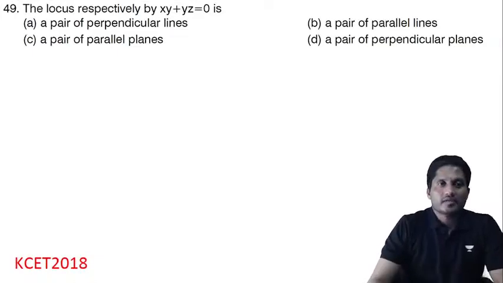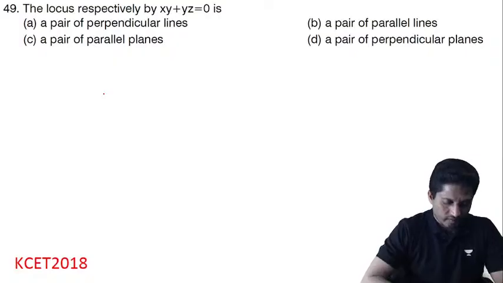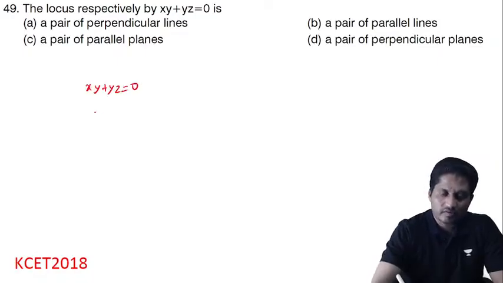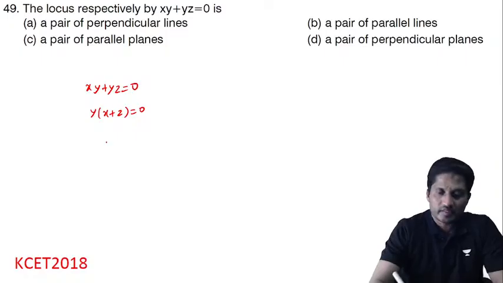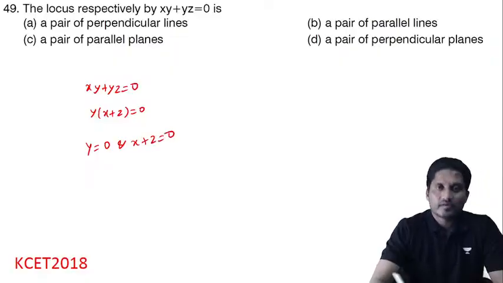Locus represented by the line: xy plus yz is equal to 0. If I take y common, you get y times x plus z is equal to 0. Right? Hi Pavan. So y is equal to 0 and x plus z is equal to 0, right?